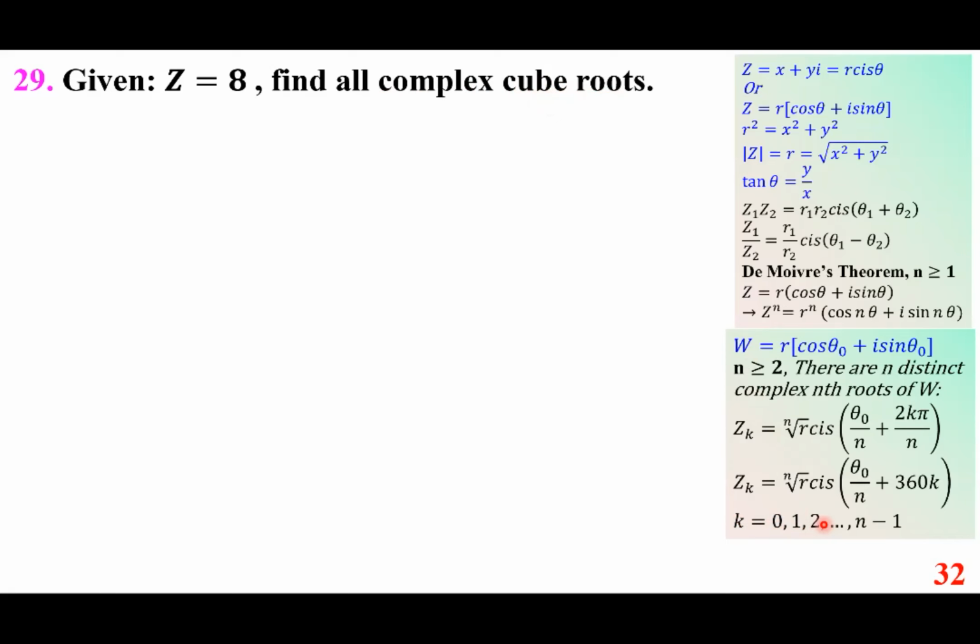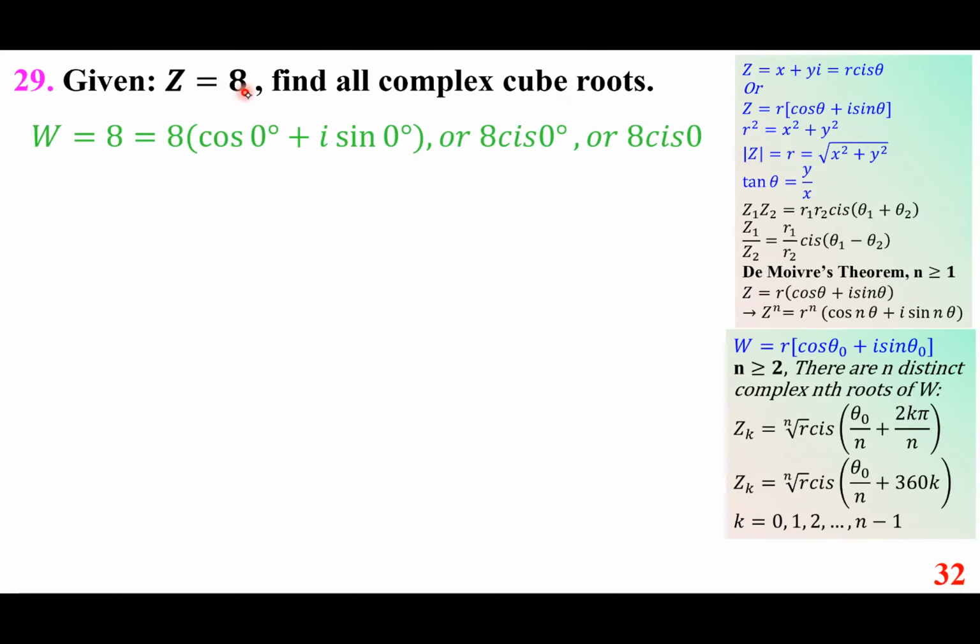All right, so first and foremost, we recognize that this is 8 cis 0. Why is that? Any real number, 8, 7, 5, 1/2, whatever, doesn't have an imaginary part. This part must go to 0, and the angle is 0.